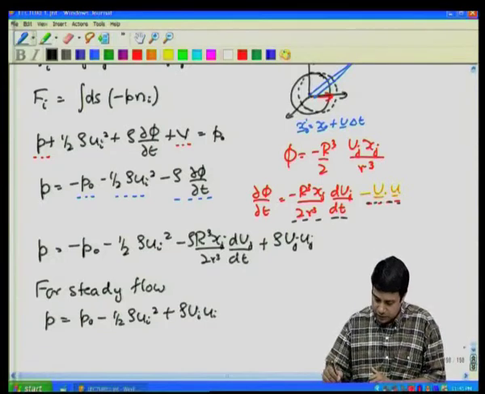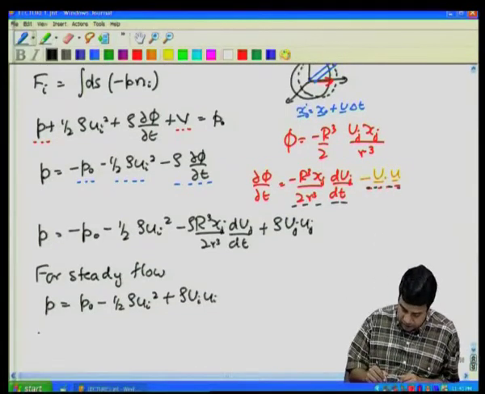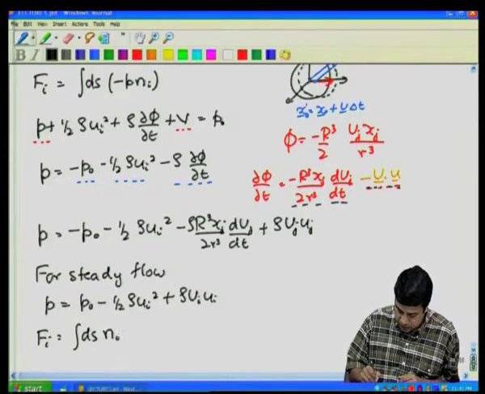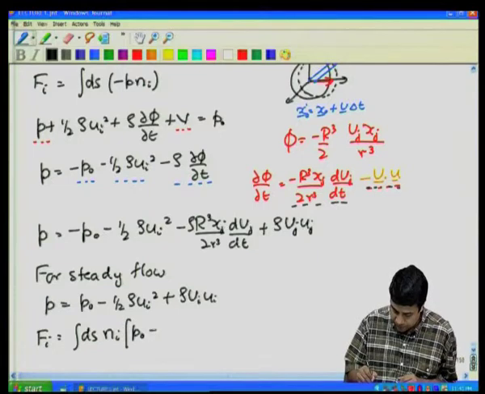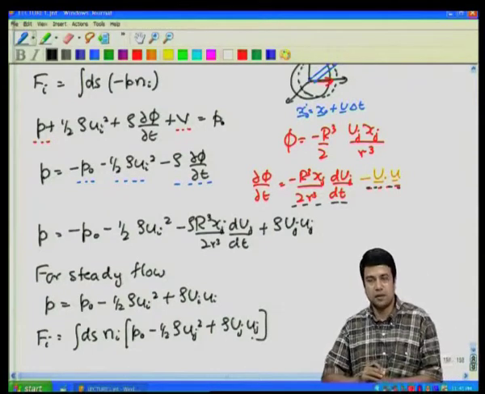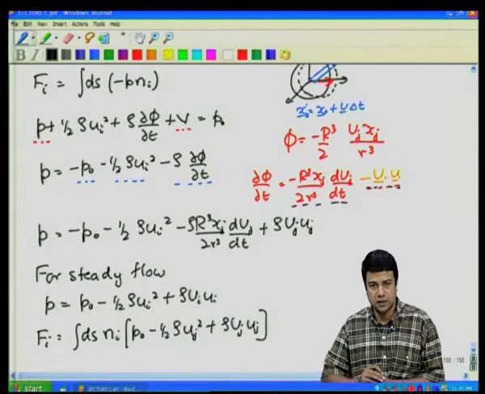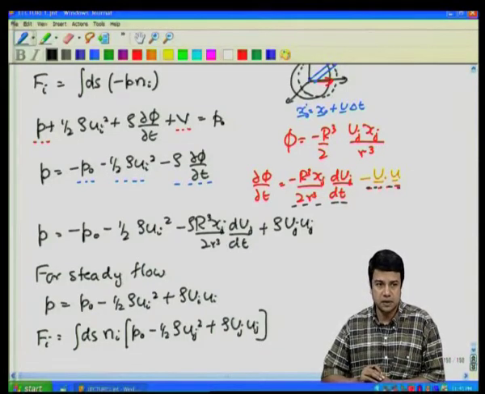And of course, the net force is obtained as Fi is equal to integral ds of the unit normal times P naught minus half rho uj square plus rho ui times ui. So, this is the net force that is exerted on the sphere.